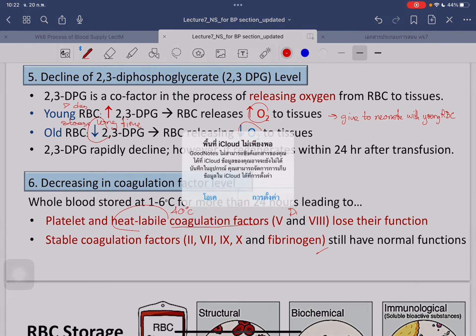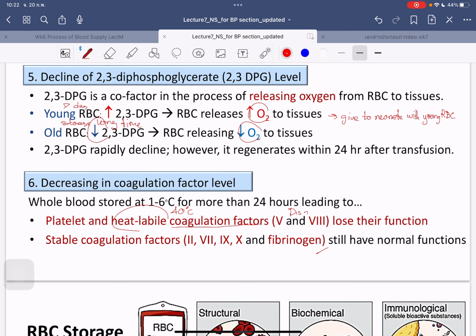Can you tell me how long that will last in your blood? If you put the blood into the freezer, how long will it last? When you do the PT and APTT experiment, how long after you collect blood do you do the experiment? Immediately, 24 hours.